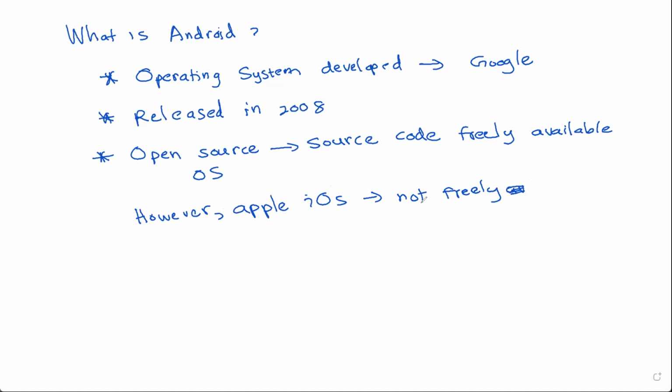Some functions are specific to Apple, and the operating system source files are not published in public. Therefore, it is hard to access the Apple iOS source files.